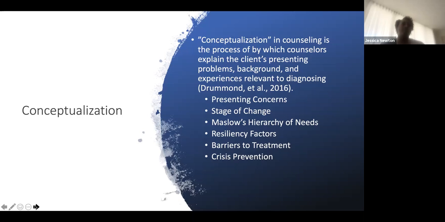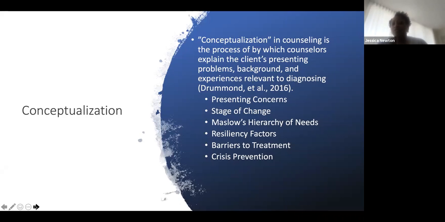Barriers to treatment may include no televisits, no telebehavioral health. If I don't have access, or even access to the internet, to engage in telebehavioral health or some type of distant mental health counseling.